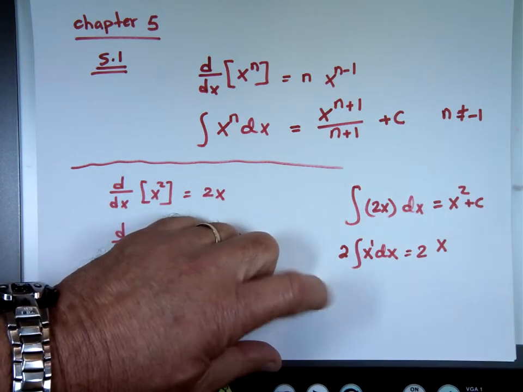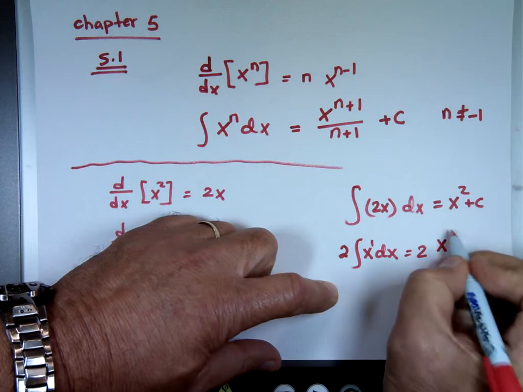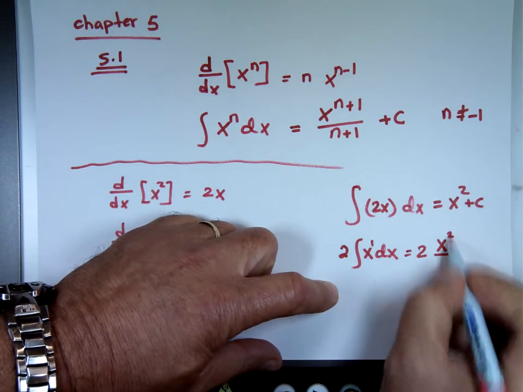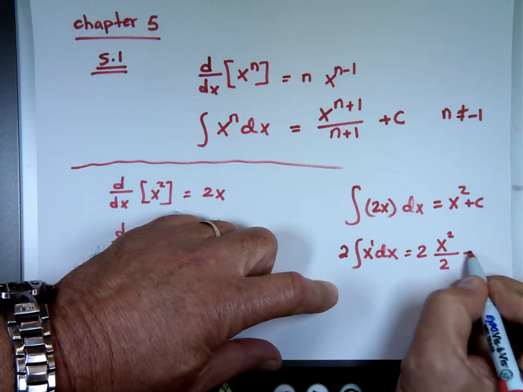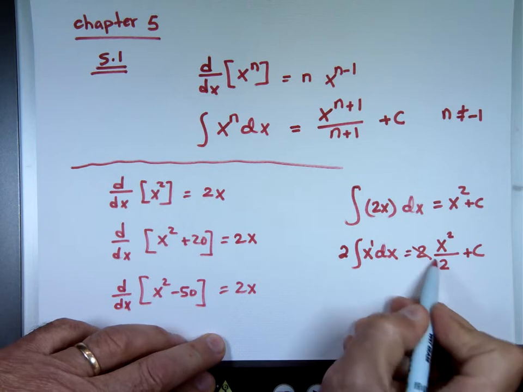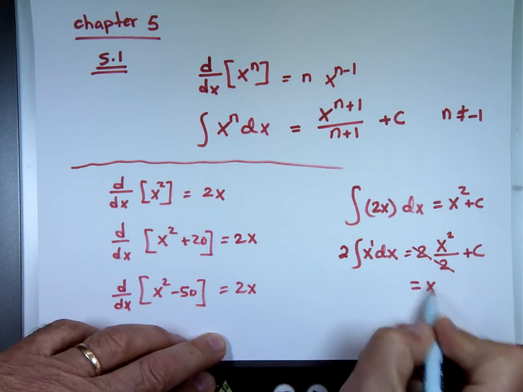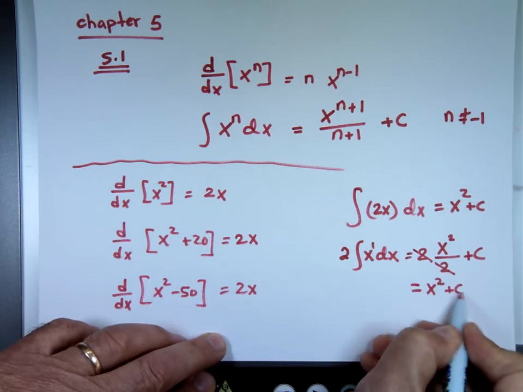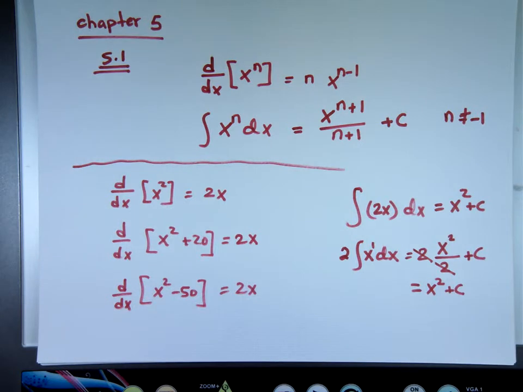That becomes x squared, divided by the new power, which is 2. And don't forget to add a constant c. Can you simplify that? So what's your answer? x squared plus c. We knew that.